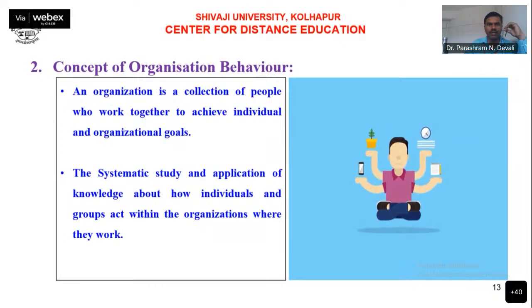Then when we think about organization behavior, that time we want to understand the people. That is, individual people is there and group people is there. We want to understand the individual person as well as the group activity. That is the systematic study and application of knowledge about how individuals and groups act within the organization where they work. Okay, that is organization behavior.